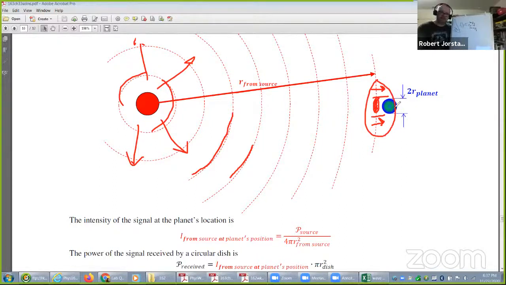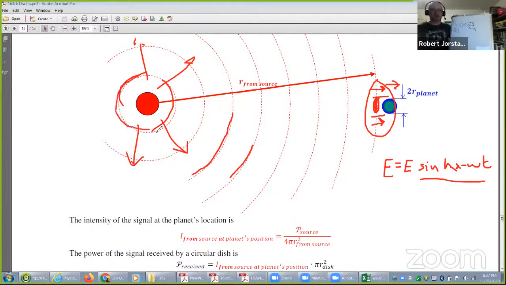a plane wave. So the equation that we had, E equals some constant times sine(kx minus omega t), is the equation for a plane wave, one that's traveling in a straight line, and all the photons are traveling in a straight line.